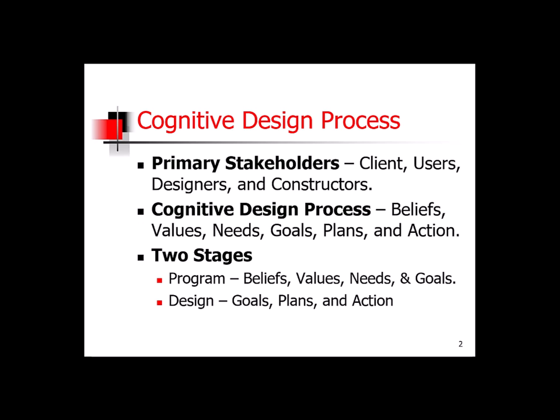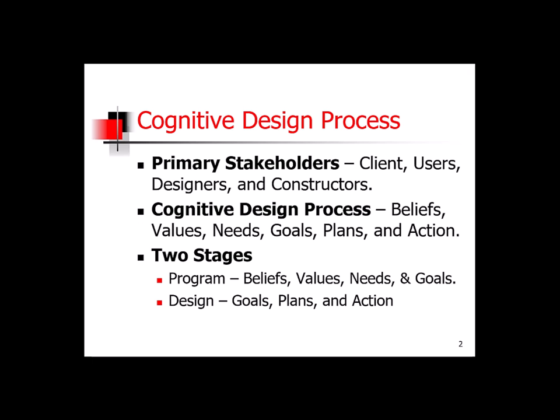The cognitive design process is a process of beliefs becoming values, informing our values, and values producing needs, and needs being met by establishing goals and developing a plan, and then acting upon that plan. There are basically two stages in the cognitive design process.